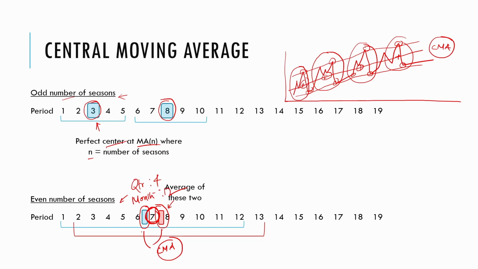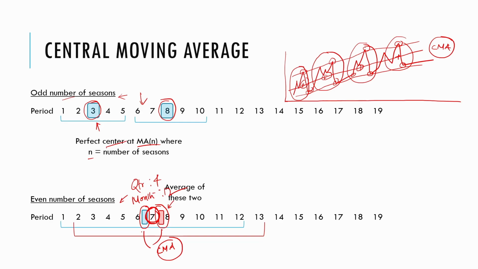So if you have an even number of seasons, then you cannot simply use the moving average method to determine the central moving average. We need to perform the moving average twice, and then take the average of these two moving averages. The things will be more clear when we do it in the worksheet.